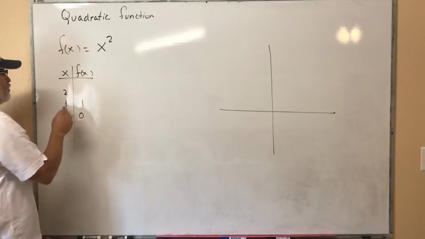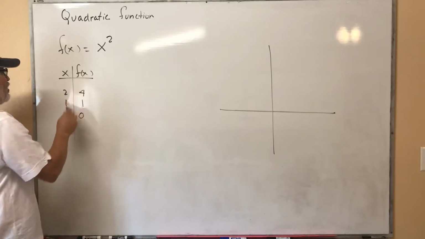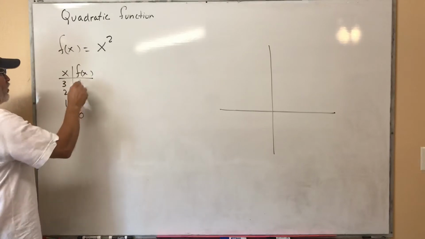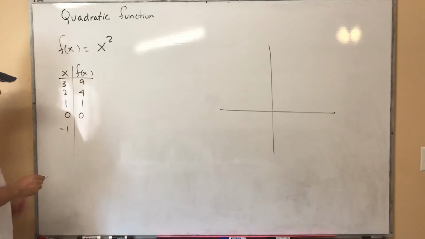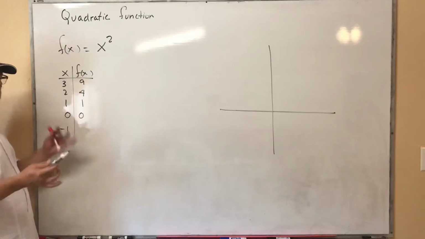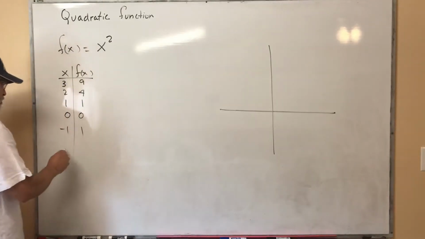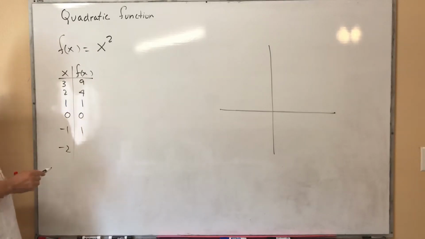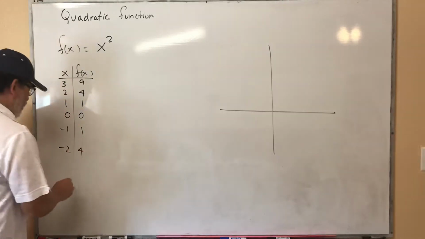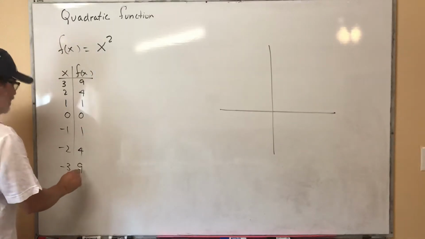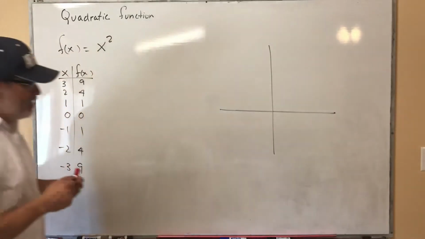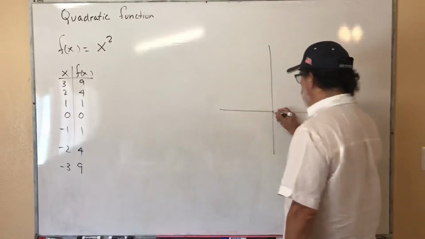If x is 2, 4. If x is 3, 9. How about if x is negative 1? What's negative 1 quantity squared? 1. Negative 2 quantity squared is 4. Negative 3 quantity squared is 9.